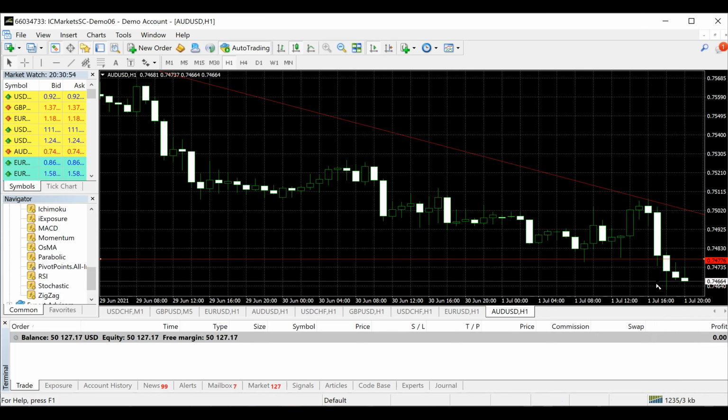So the next thing we are going to learn in breakout and fake out is determining momentum before breakout. Now here we are going to use, let's just pick another one at random. Yeah, and now, first of all, let's use MACD to determine momentum.